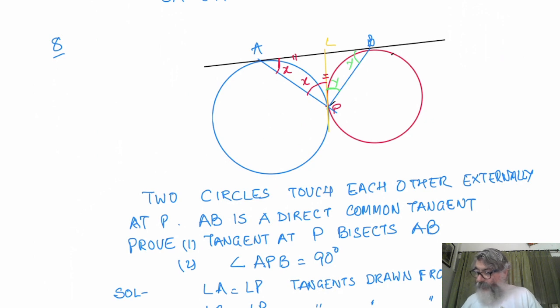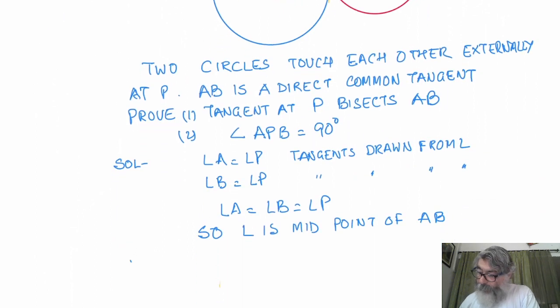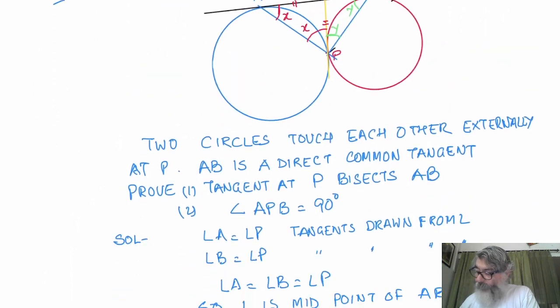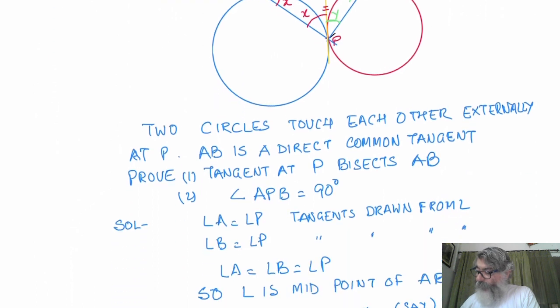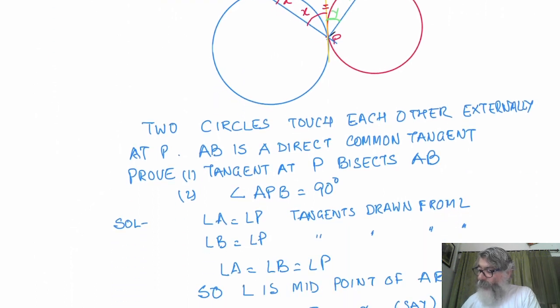So we would say that angle LAP is equal to angle LPA, which is X, say. Why? Because LA is equal to LP, these are the two sides given.